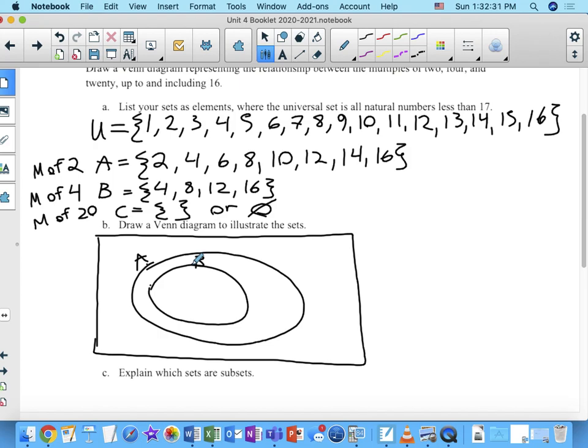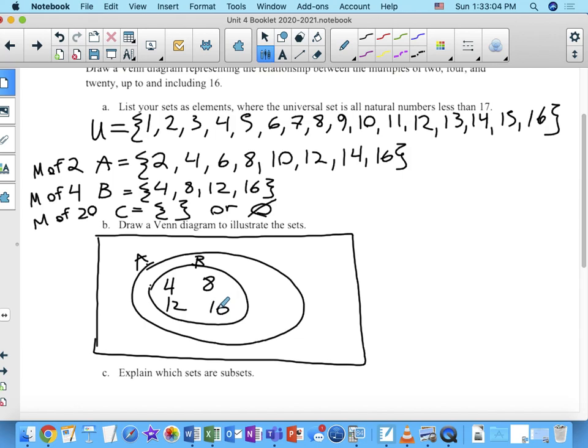Okay? Now what we're going to do next is we are going to put all of the elements that are in B first, right? We're going to start with the very inside. So that's 4, 8, 12, and 16. Okay? Now one thing that's also important is that every element can only go into the rectangle once. So once I've put 4 in B, it's already in A, because B is inside of A. So I'm not going to put that in again.